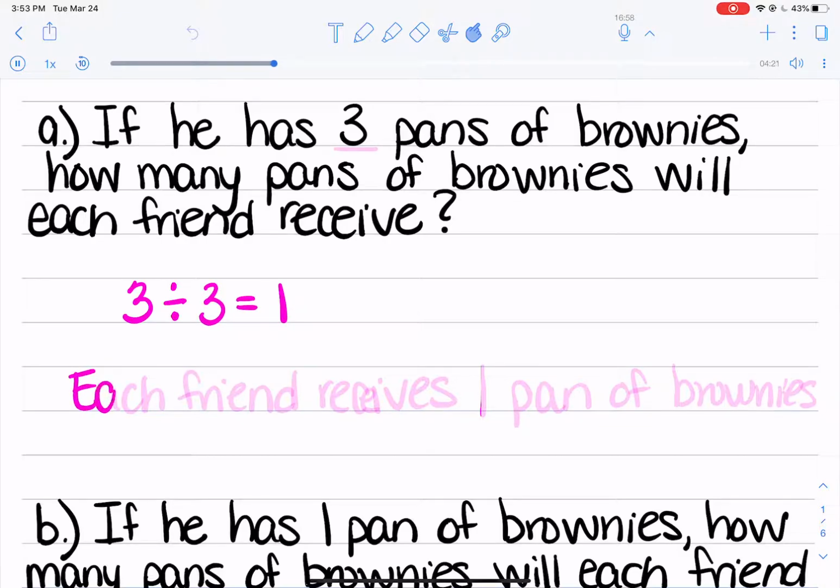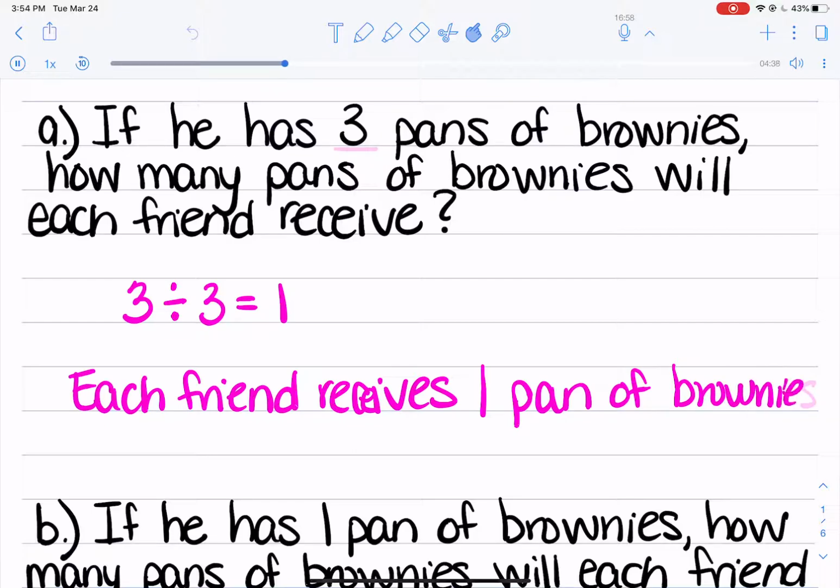So each friend receives 1 pan of brownies. Because he has 3 pans, and we know from our original statement he has 3 friends. So 3 pans divided by 3 friends equals 1 pan each.